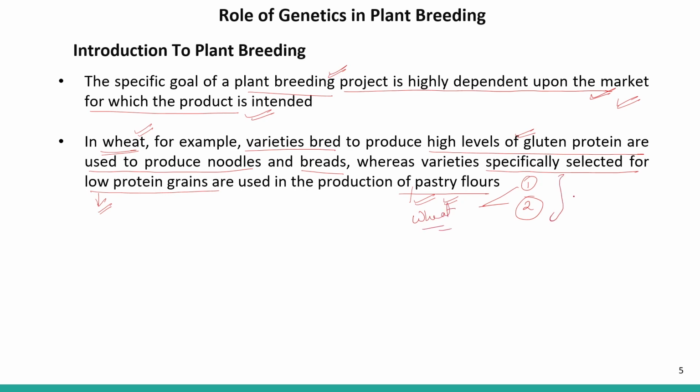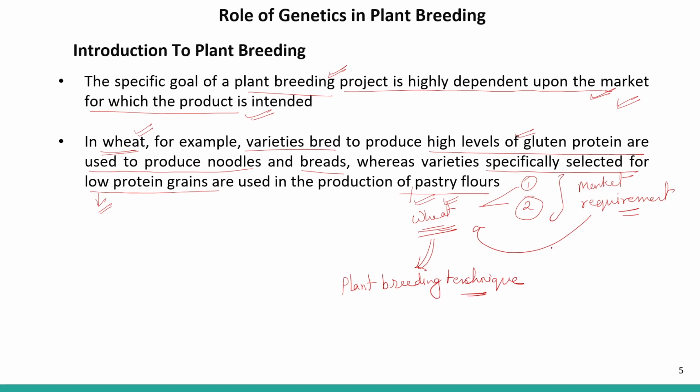So this is our market requirement. According to these requirements, we can have wheat taken as an example for plant breeding technique. So this is the way.